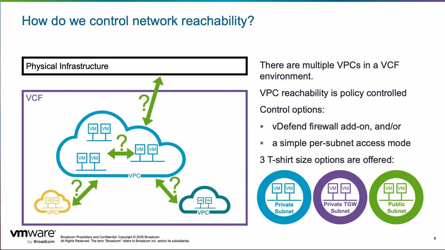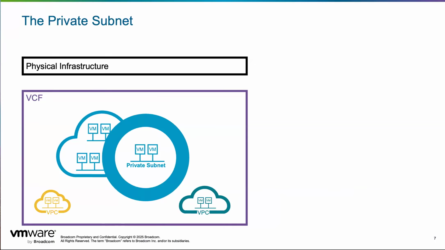So instead, the VPC model includes a very simple way of restricting the span of a subnet, and it's a kind of t-shirt size option that we're offering to the application developer. We have 3 t-shirt sizes that I'm going to describe right now: private subnet, private transit gateway subnet, and public subnet. So let's start with a private subnet.